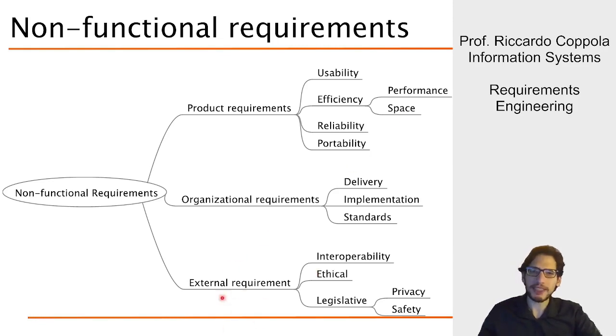I can also have external requirements like interoperability requirements. My system must work with Google Maps, so I will work with the API of Google. I can also have ethical requirements like the video surveillance of before, or the GDPR, the management of all the sensitive data.